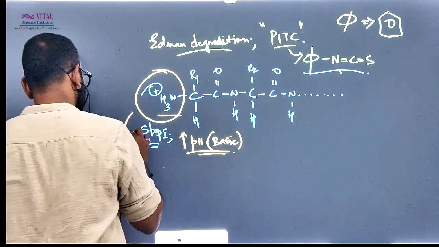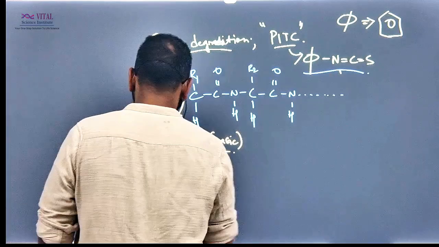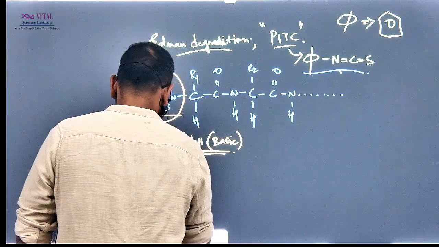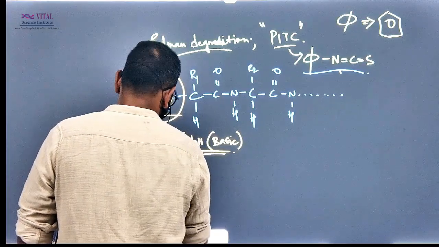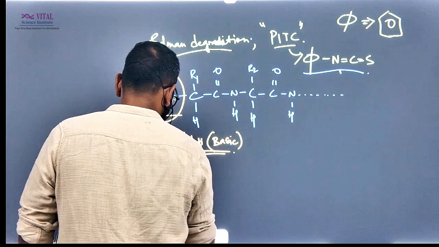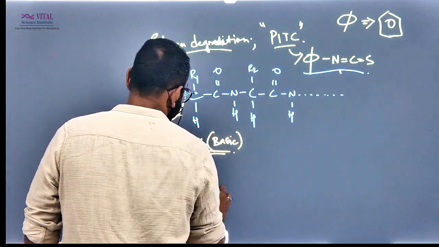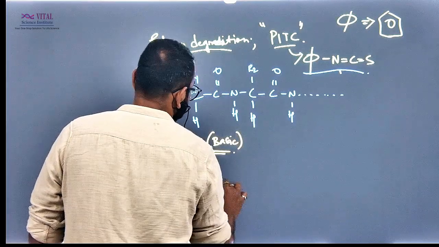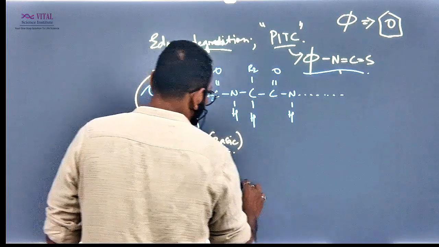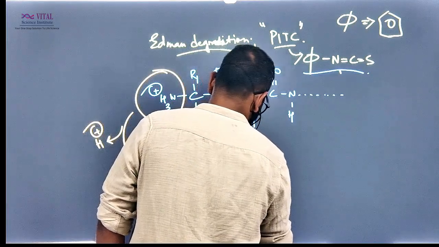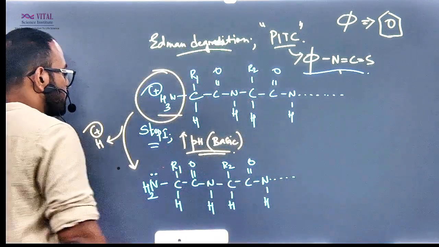And hence this will form NH2 with a lone pair, with our C, R1, H, C double bond O, something like this.